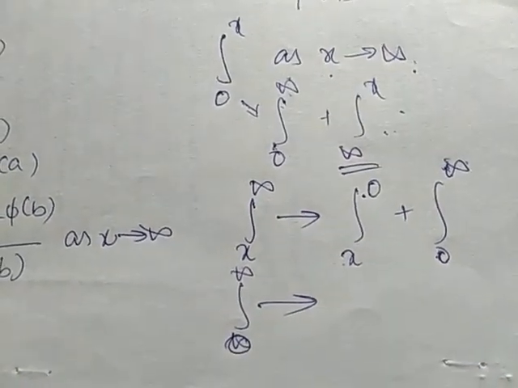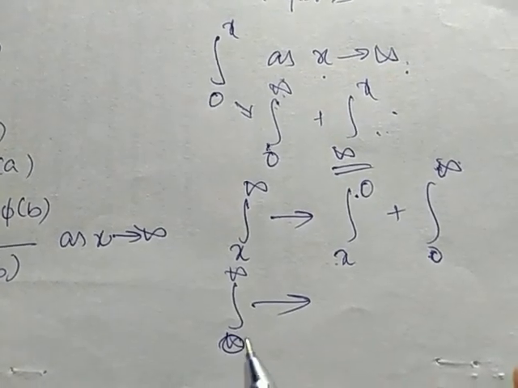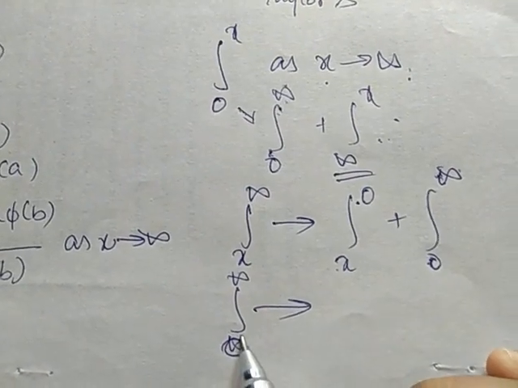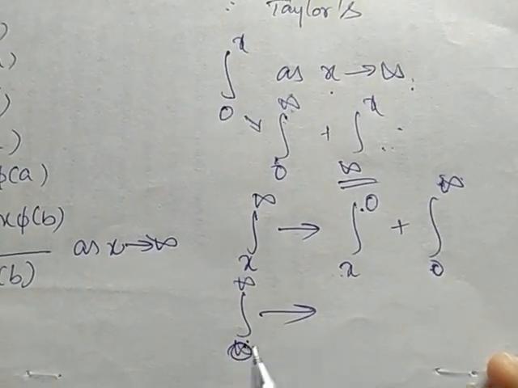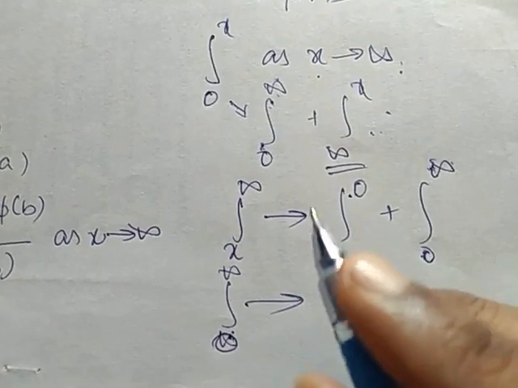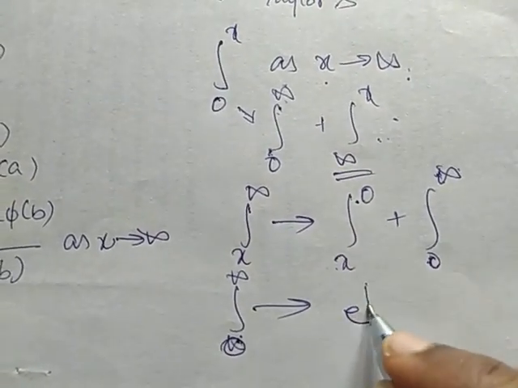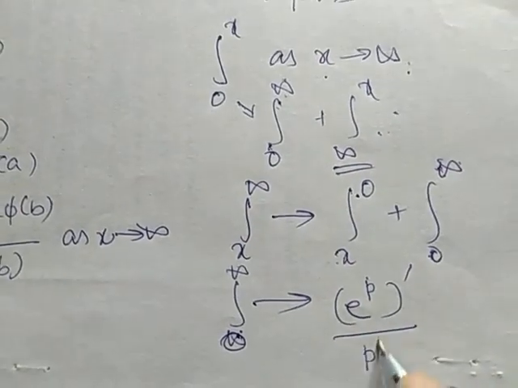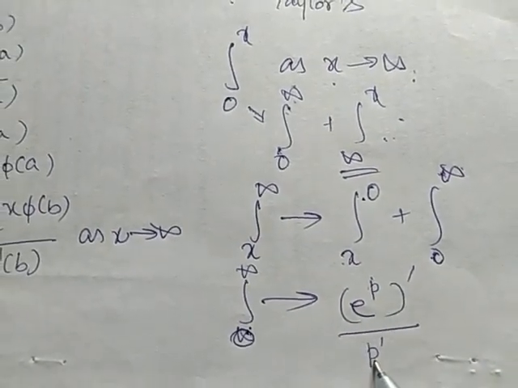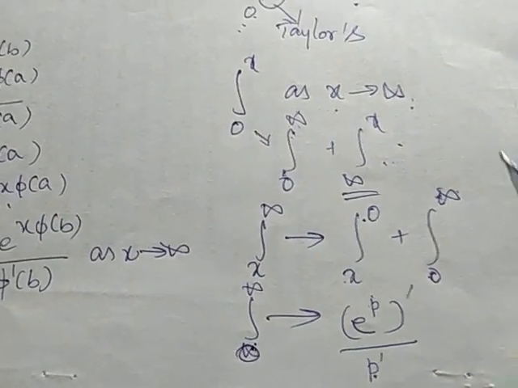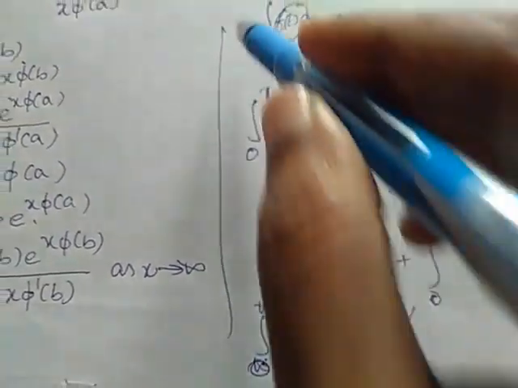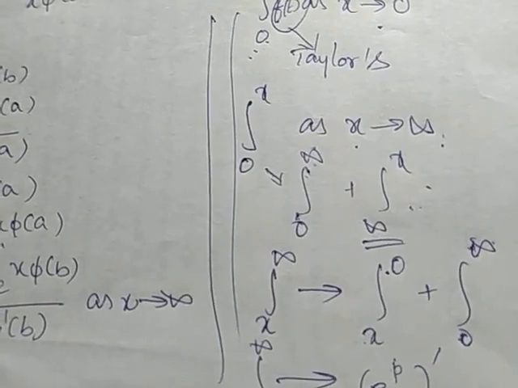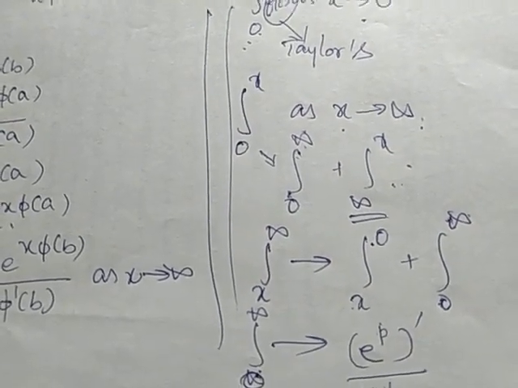Or if it is between 0 to infinity and it is not in standard form, we can go for integration by parts directly, or we can use the previous technique, the e power derivative divided by differentiation of derivative method. This I am telling you for your reference, to identify the correct procedure to find the asymptotic expansion.